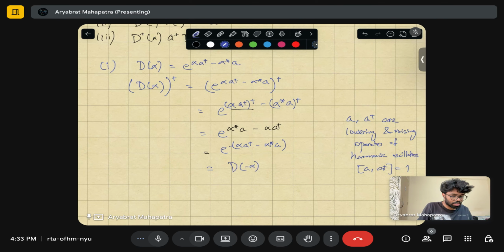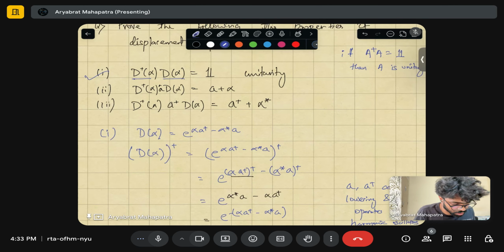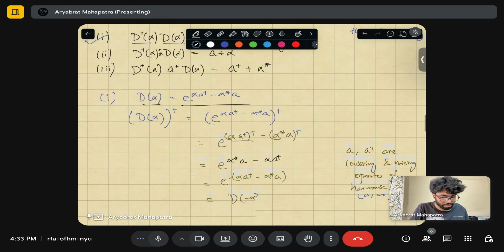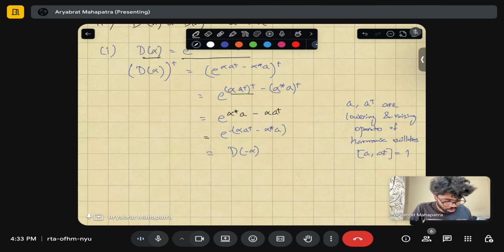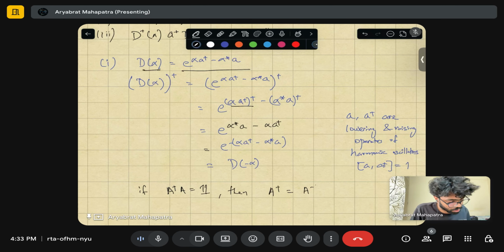Yes, this is D of minus alpha, because you see D of alpha is this, and then you can write this as D of minus alpha. Then from here we also know that for any operator A, if A dagger A is identity, then you can write A dagger is A inverse.